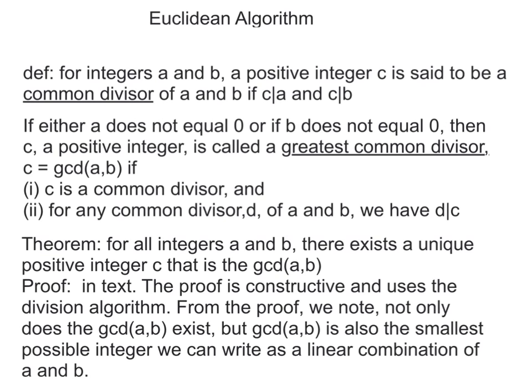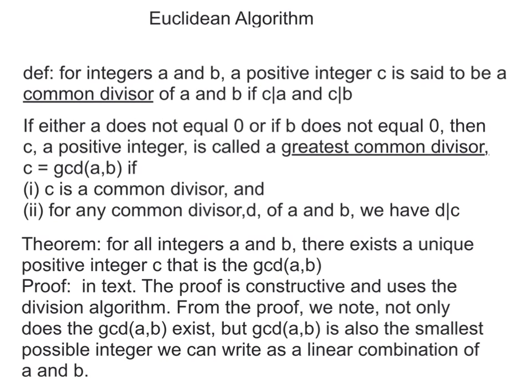So these two definitions are consistent with what you learned in 2nd or 3rd grade. So our theorem is, for all integers a and b, there exists a unique positive integer c that is the greatest common divisor of a and b. Again, this is consistent with what you've learned in elementary school. The proof is in the text.